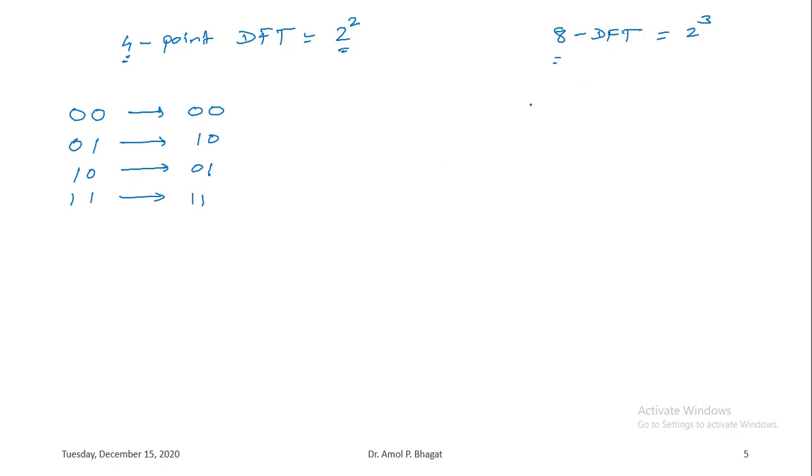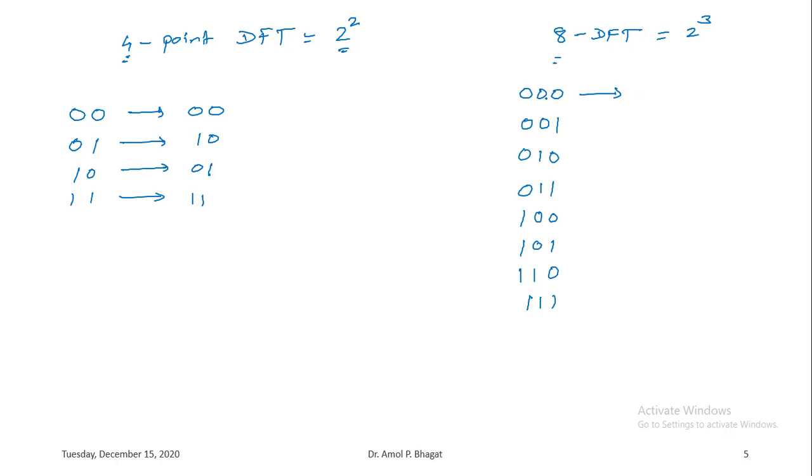Similarly, in case of 8-point DFT, these 8 points can be represented by using a 3-bit combination. So it will be 000, 001, 010, 011, 100, 101, 110, and 111, right? So these 3-bit combinations we can use.